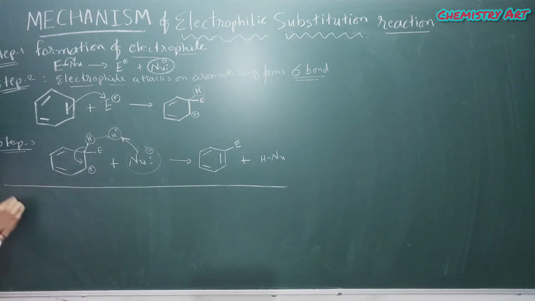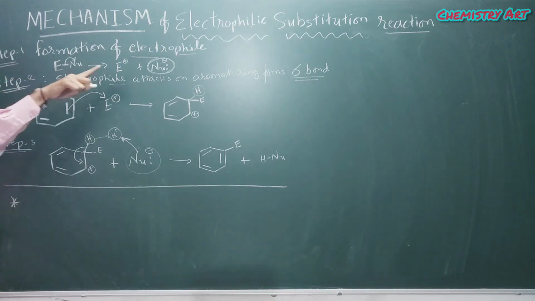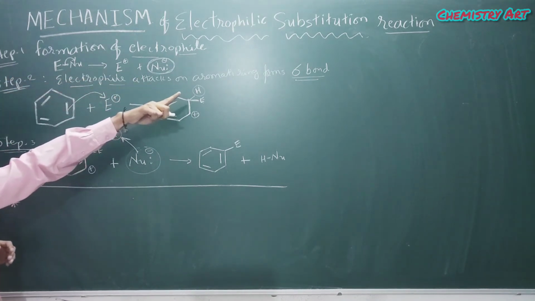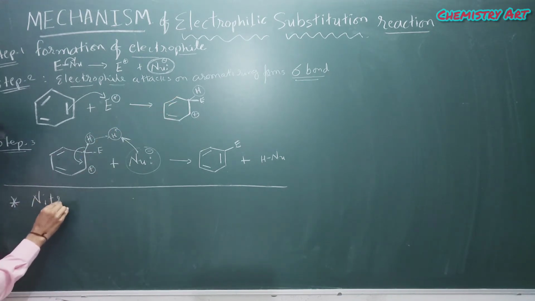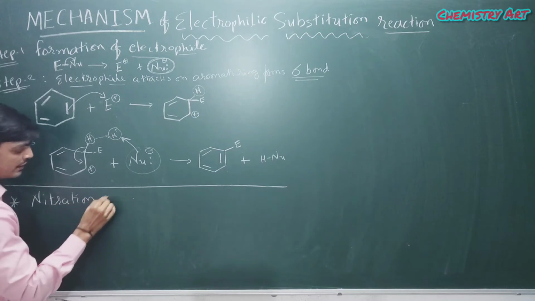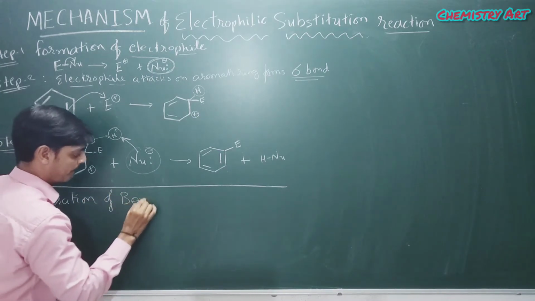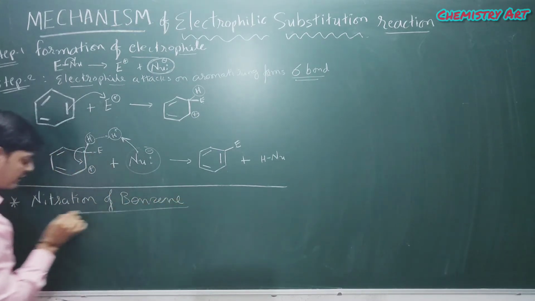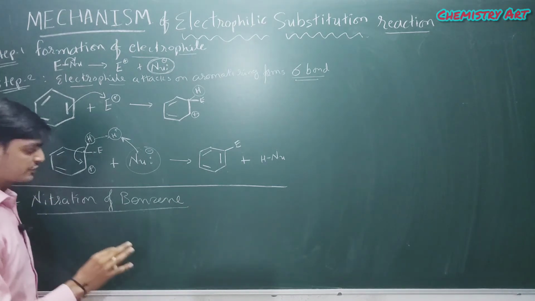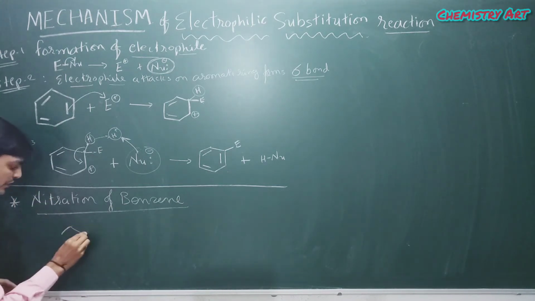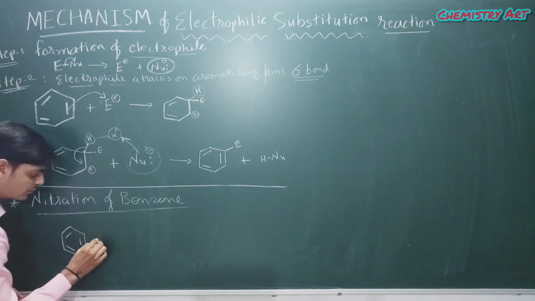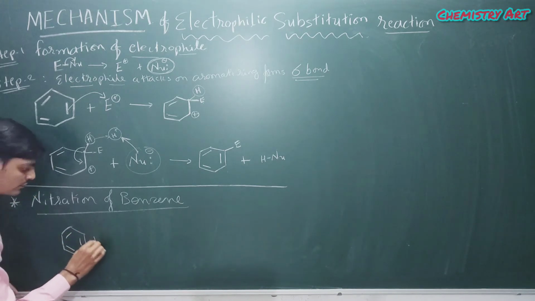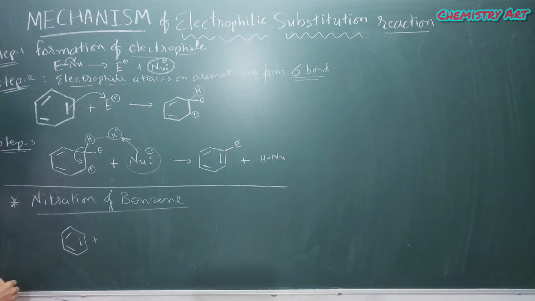Now let me explain this electrophilic substitution reaction with an example, nitration of benzene. See, when we are doing nitration, first of all let me explain how you can do nitration of benzene. So this is our benzene.